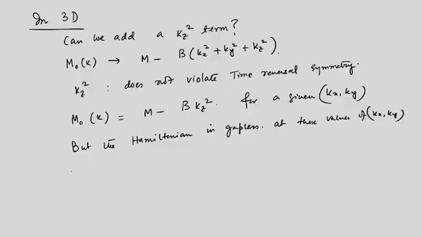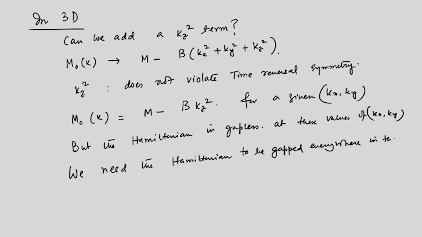Okay. So we need the Hamiltonian to be gapped in the Brillouin zone. Okay.